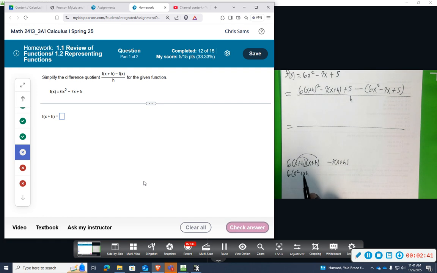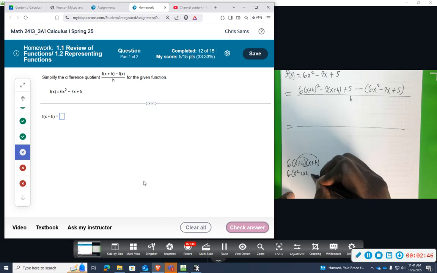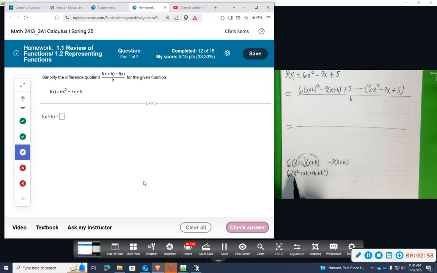Since we already wrote it as hx, I'm going to write this one also as xh, plus another positive xh. And then h times h, which is going to give us a positive h squared. I can simplify xh plus xh. That's going to give me 2xh.